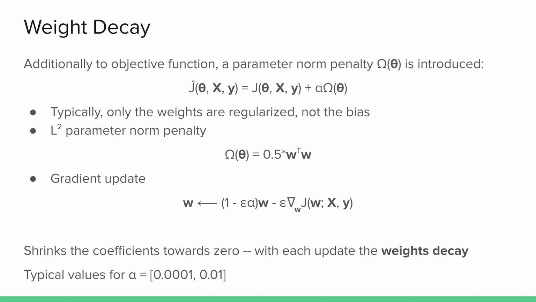That's why it's called weight decay. Our weights become less and less. And the rate by how fast they become zero ultimately is determined by our weight decay parameter alpha, which is typically a very small number like 0.0001 or 0.001.